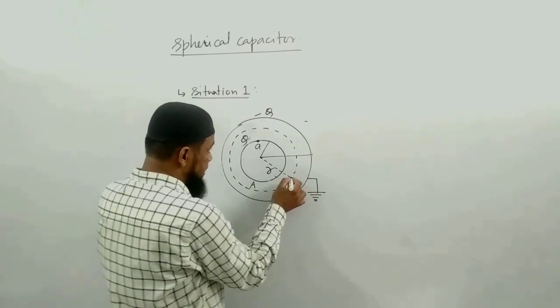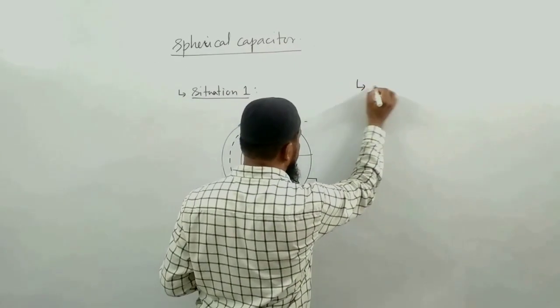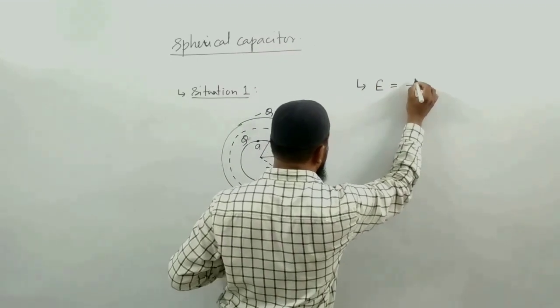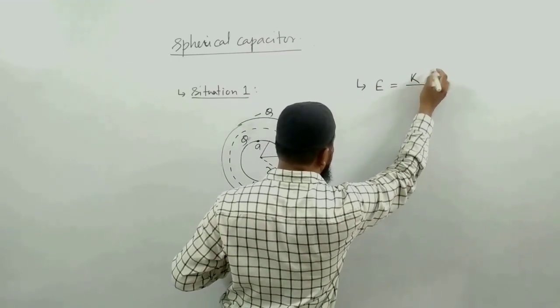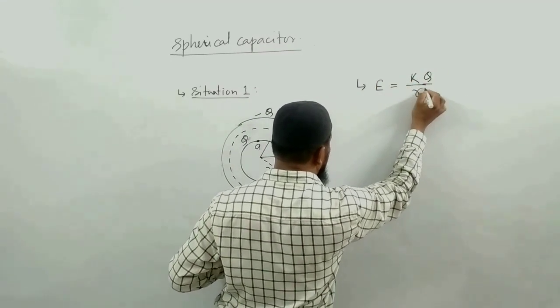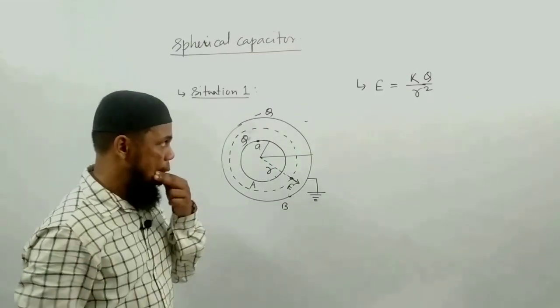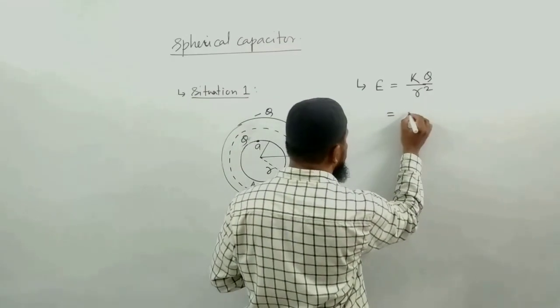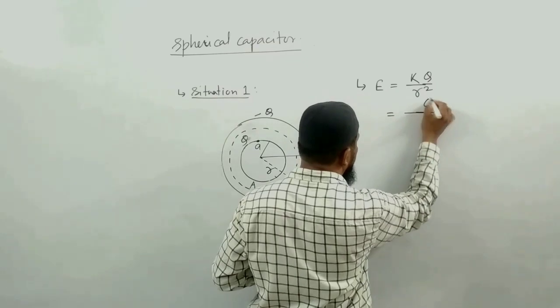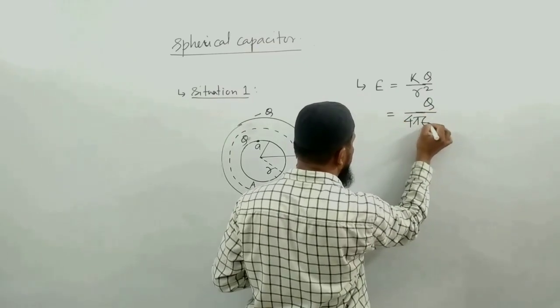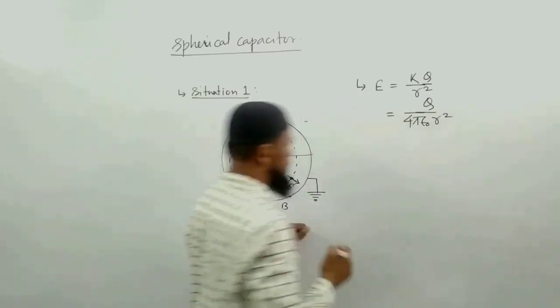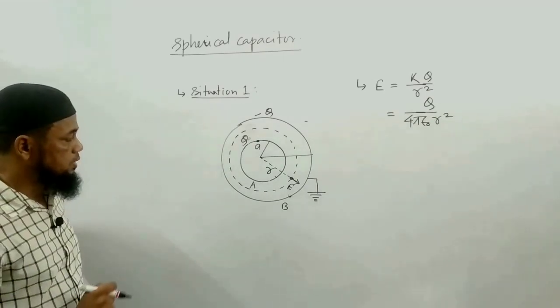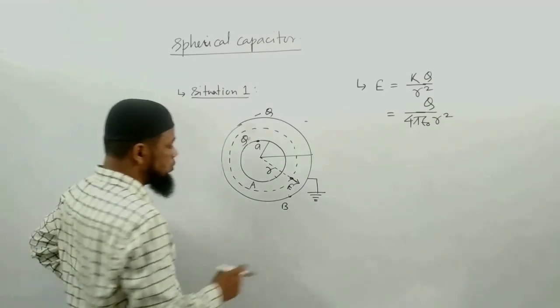So the electric field at this point will be given by kQ/r², or we can write it as Q divided by 4 pi epsilon naught r square.